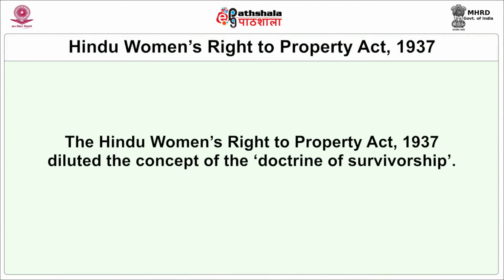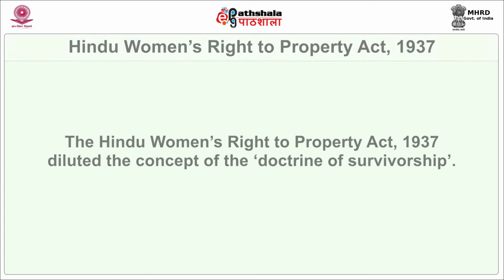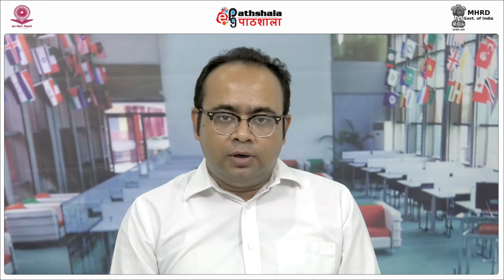The Hindu Women's Right to Property Act 1937 diluted the doctrine of survivorship. After the passing of the Act, the widow of the deceased coparcener represented the deceased coparcener, and the share of the deceased coparcener, instead of passing to other surviving coparceners, passed to his widow.